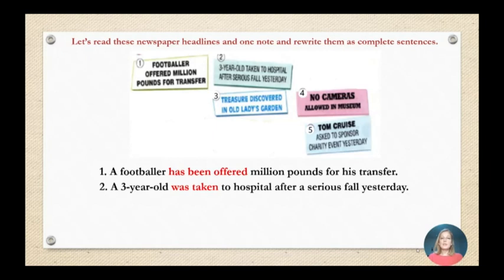The third one, treasure discovered in old lady's garden. The solution is, treasure has been discovered in an old lady's garden because we don't know when. No cameras allowed in museum. It's a note.